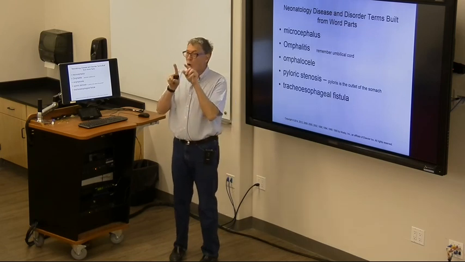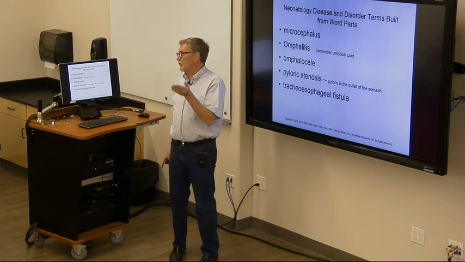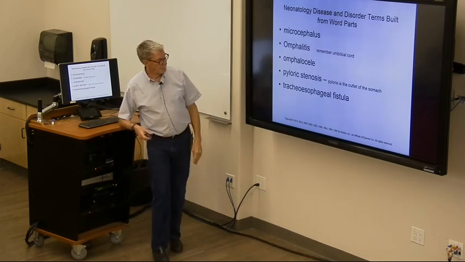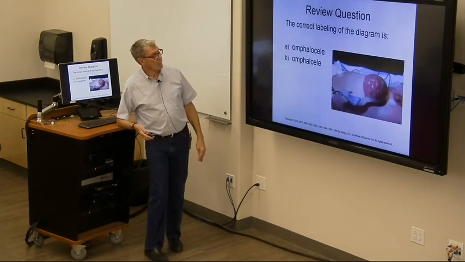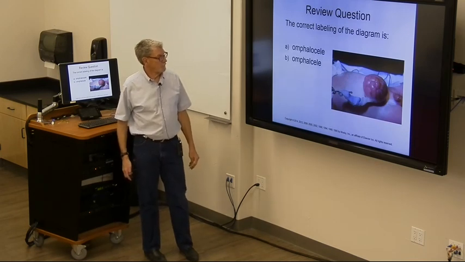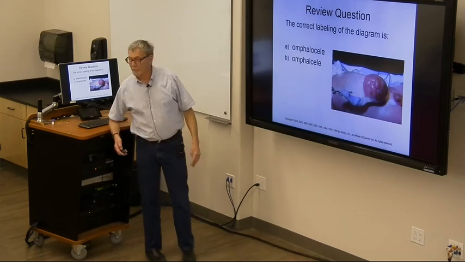Yeah, there's an opening that's connecting the two of them. They're not supposed to. Food isn't supposed to go in your lungs, and air isn't supposed to go in your stomach. Omphalocele. Correct labeling. Got to have the O in there.